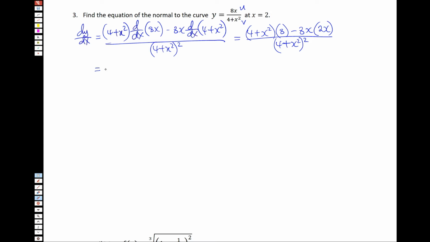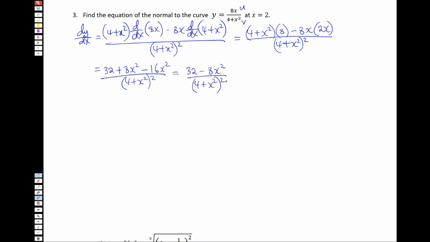So that will be 32 plus 8x squared minus 16x squared over 4 plus x squared squared, which will be equal to 32 minus 8x squared over 4 plus x squared squared. And that will be the gradient function.